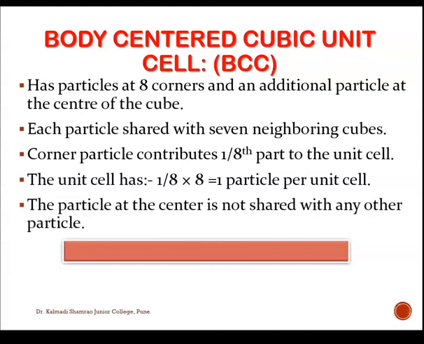The particle at the center of a given cube is not shared by any other cube. Hence, it belongs entirely to the given unit cell. Thus, BCC unit cell has 1 particle from 8 corners plus 1 particle in the center of the cube, making a total of 2 particles per BCC unit cell.